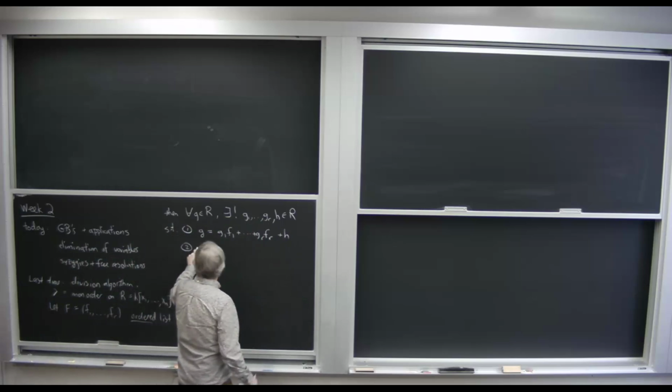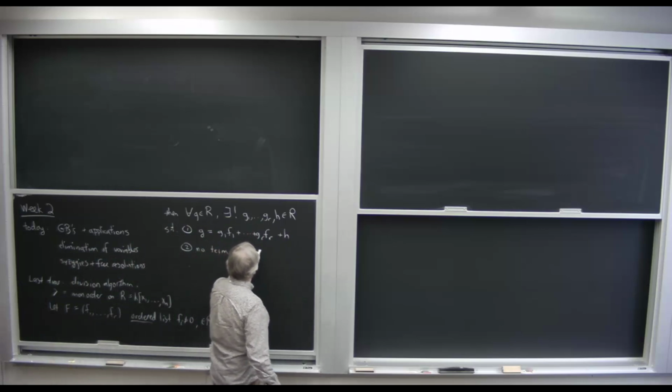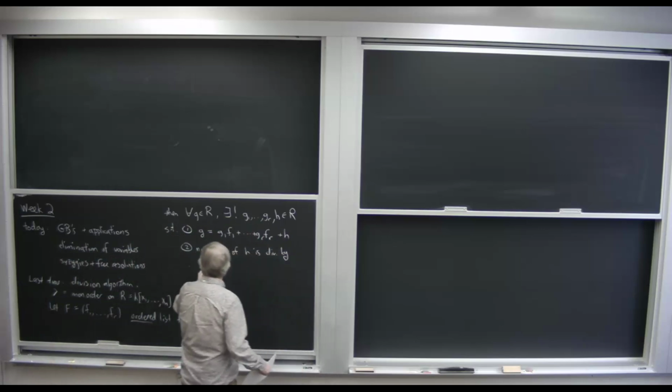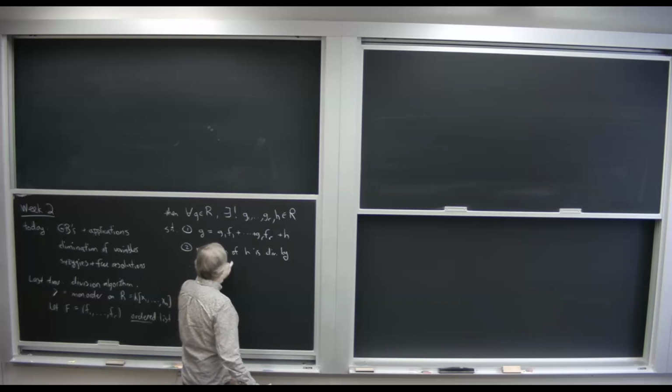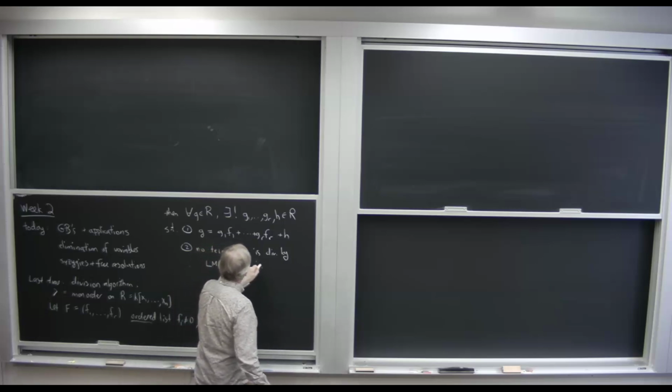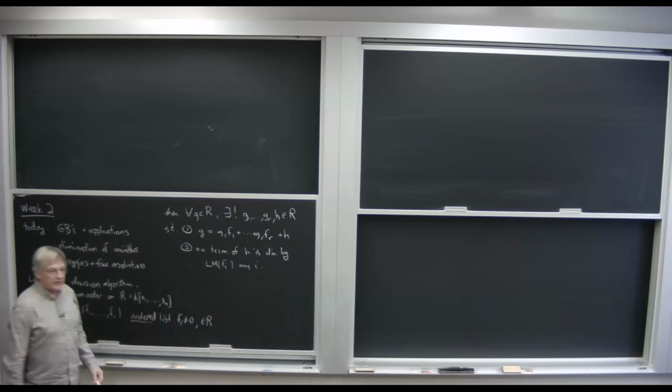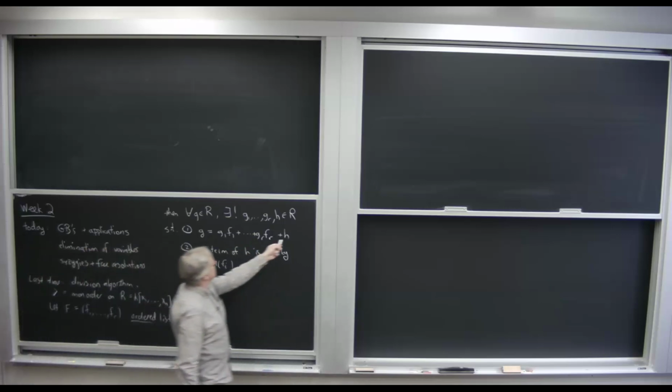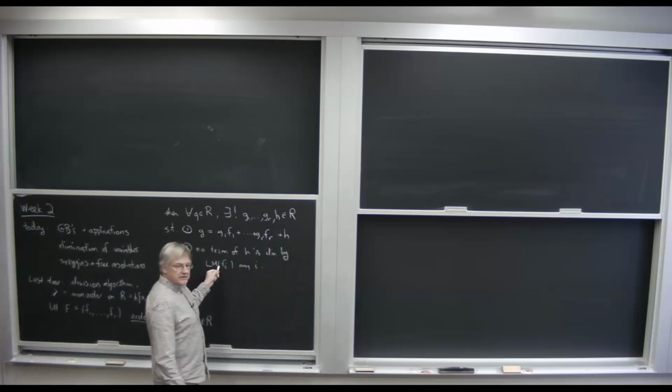So the second one is that no term of h is divisible by the lead monomial of fi for any i. So every term in here is not in the monomial ideal generated by these things.